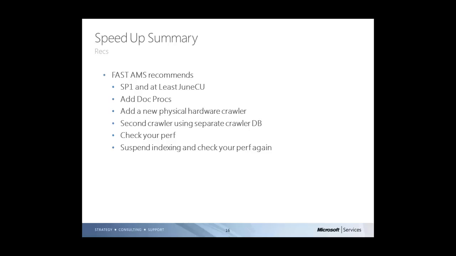If you're running a VM crawler, try adding a hardware crawler, see what happens. I bet you'd be very surprised. You can also set up, like I said a little bit earlier, a separate crawler database, and it's basically doing the same thing. You're just passing out the work to another database. Check your performance, PAL, perfmon, and suspend indexing and check your perf again. That will tell you where your issue is.